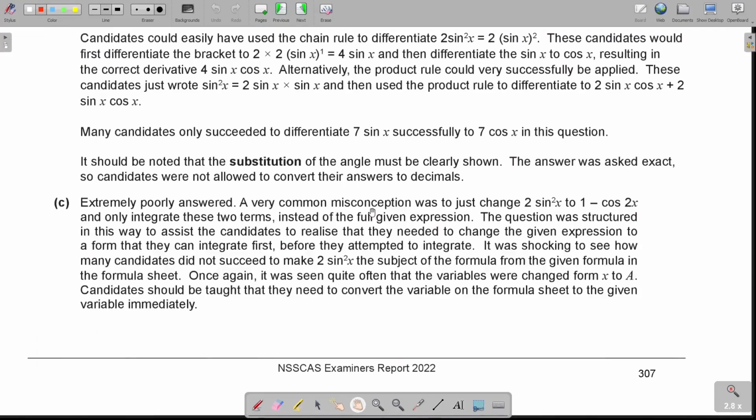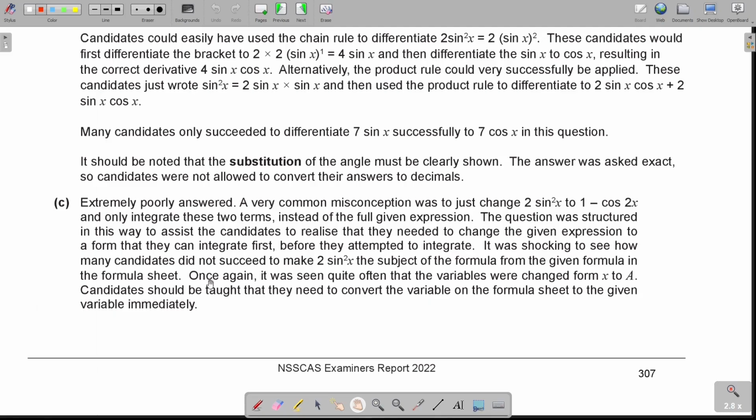A very common misconception was to just change 2 sin squared to 1 minus cos 2x and only integrate these two terms instead of the full given expression. The question was structured in this way to assist the candidates to realize that they needed to change the given expression to a form that they can integrate first before they attempt to integrate. So first you use trigonometry.